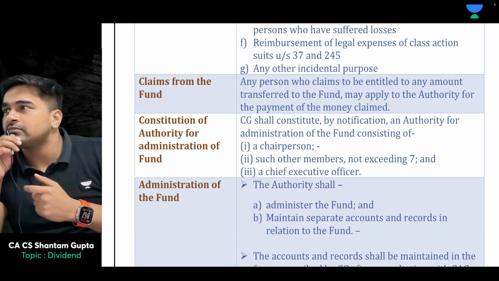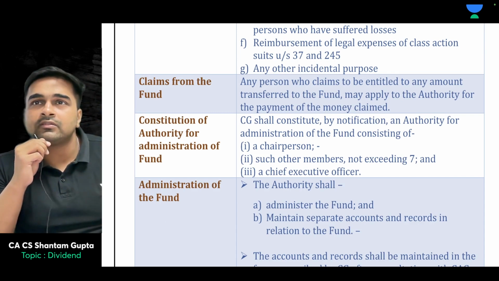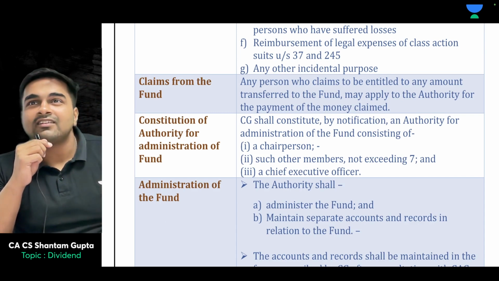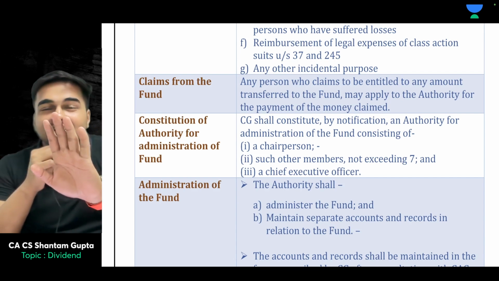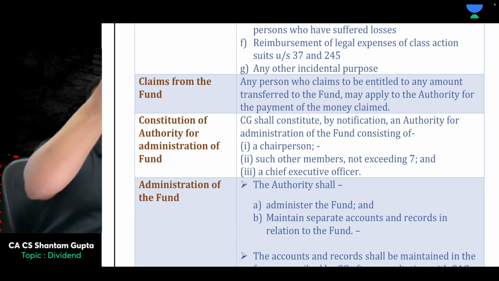NFRA. Full form of NFRA? National. Wow. Amazing.